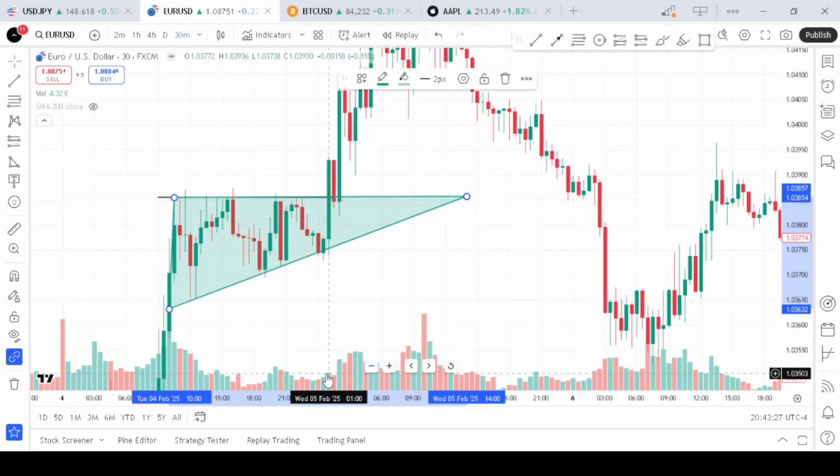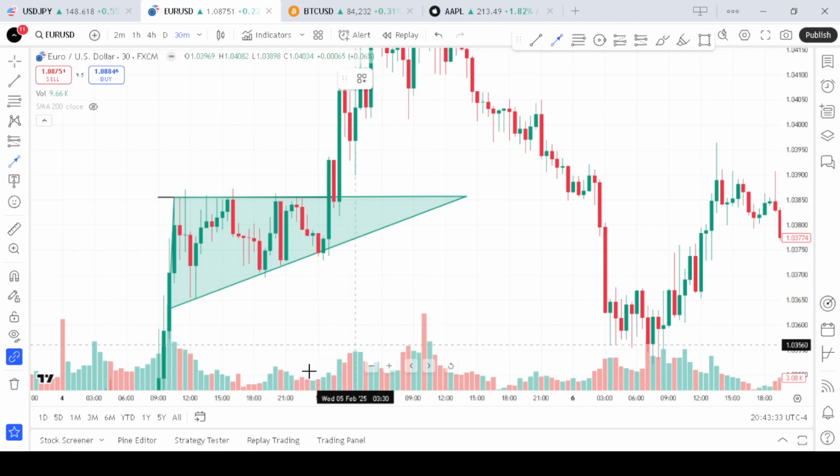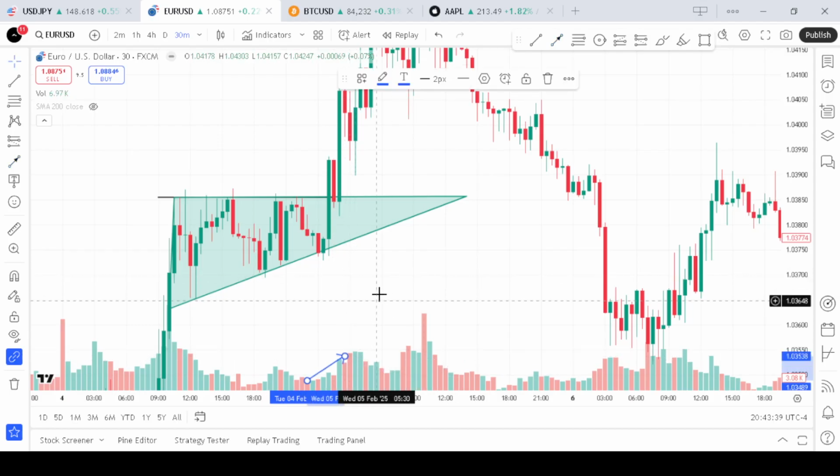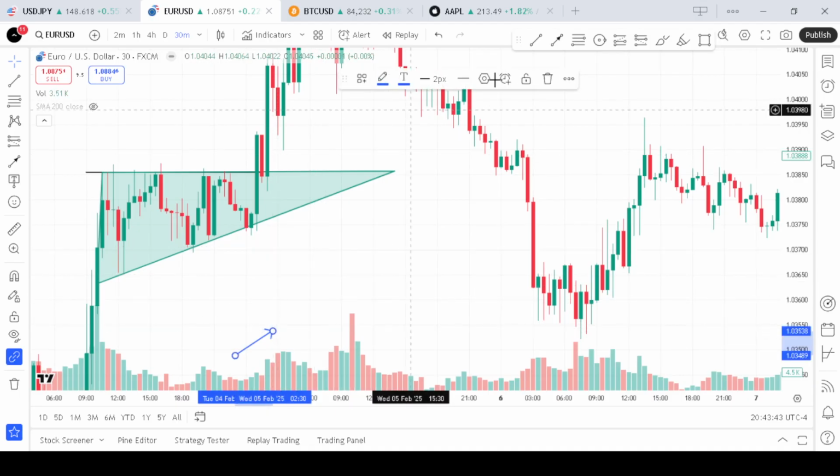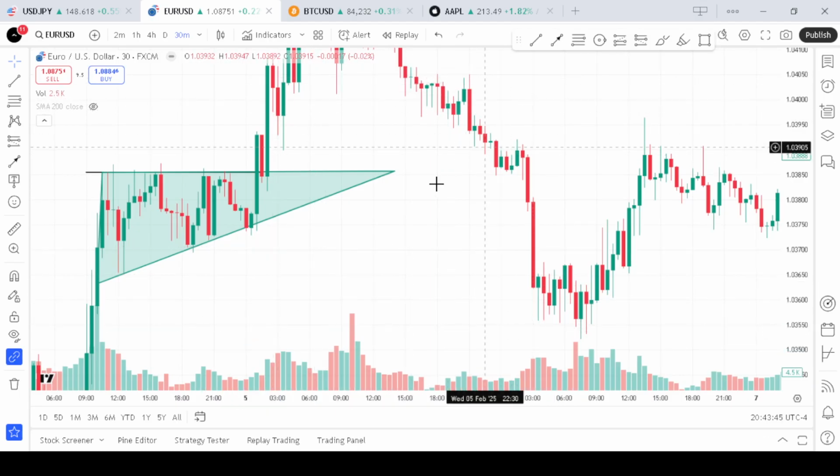As we notice, when it was breaking out, there was an increase in volume. If we look at the volume indicator, we found out that the volume was increasing while it was breaking out. So this is a signal that further validates our setup. When there is an increase in volume, it further strengthens our bias.